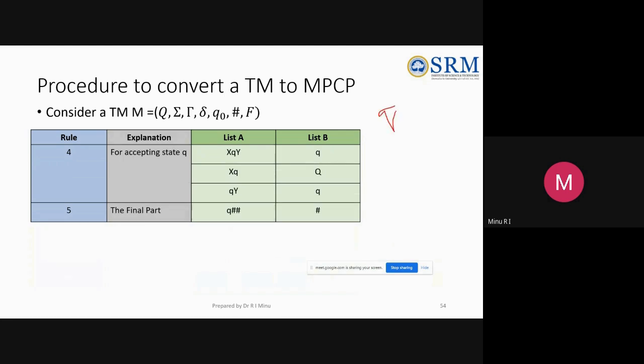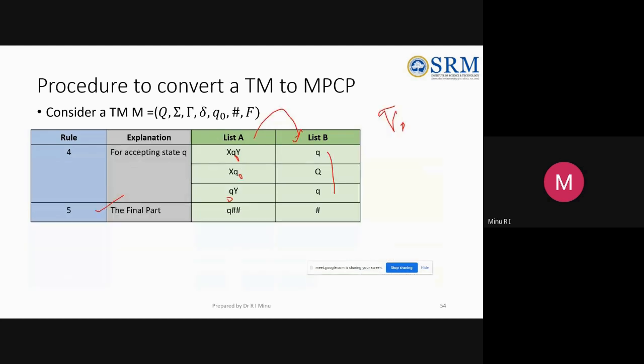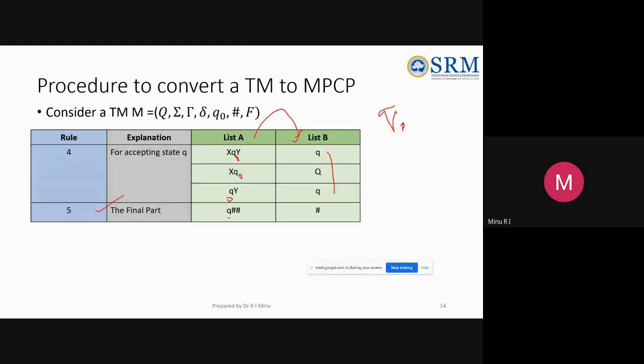So if my Q0 is my accepting state, if my Q0 is embedded between any symbols, or at the last or in the beginning, whatever it is, my list B will have that particular Q. And like my initial state, rule 1, I'll be having my final state, where here I put hash Q not W hash, here I'll be having Q hash hash hash.